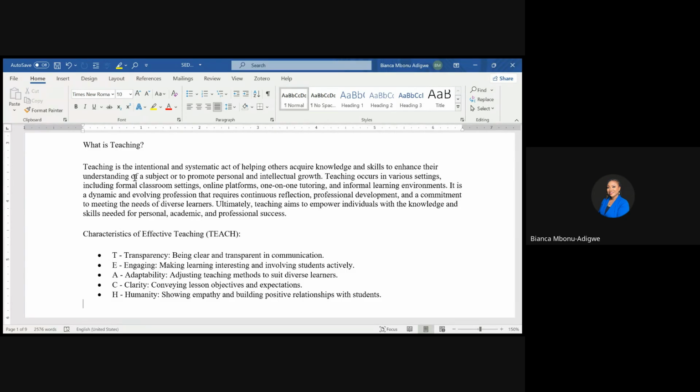So next is adaptability. You have to adjust teaching methods to suit diverse learners, just different people, different learners. You come into your class, JSS 3 students, average age 13. Instead of teaching them basic science in their language, the way they will all understand, you are rigid, and you tell them that today we are going to use dance to explain sanitation or cleanliness.